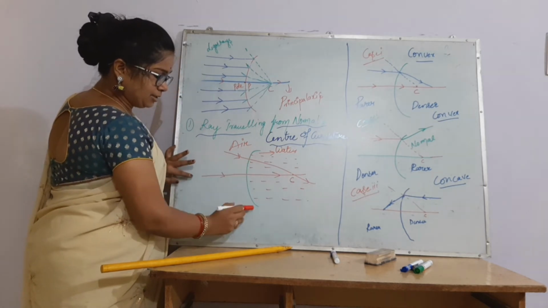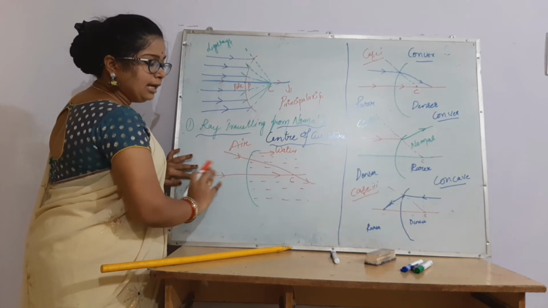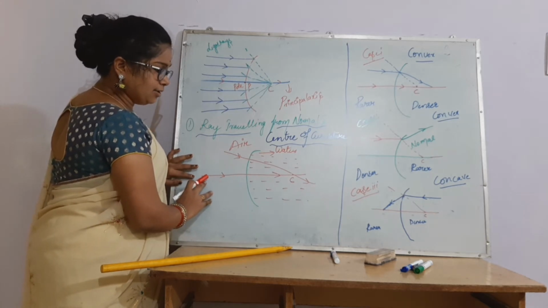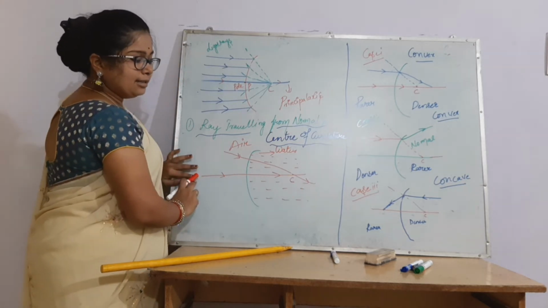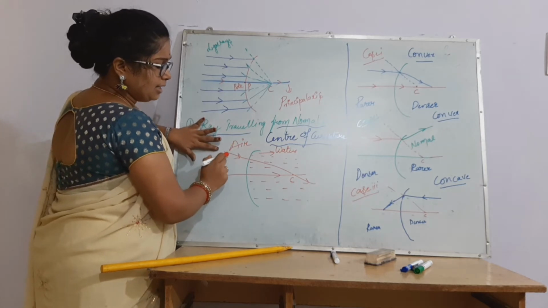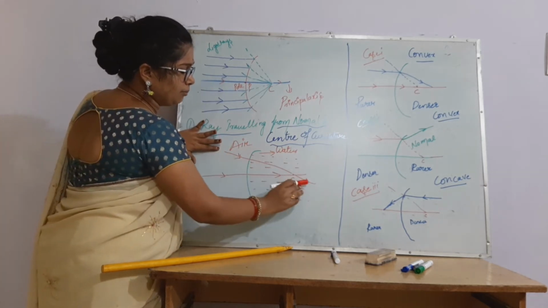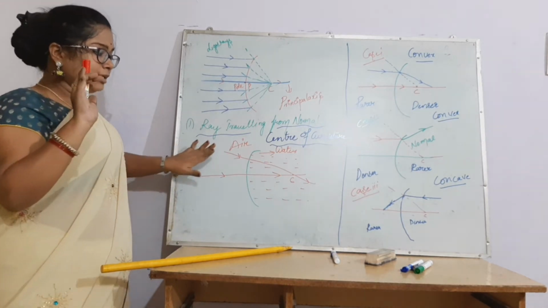So when any light ray falls along the principal axis, it is a normal to the surface, isn't it? Then it does not get deviated from its path. And when it is drawn along the normal also, it does not get deviated. I hope you understood.